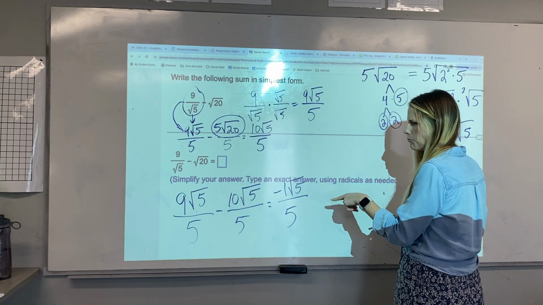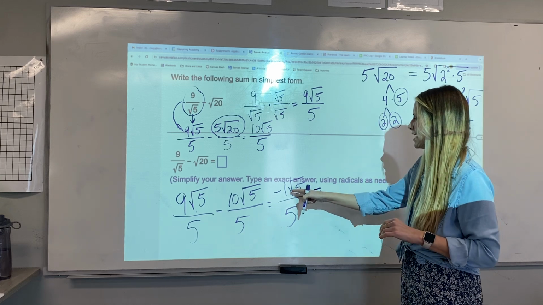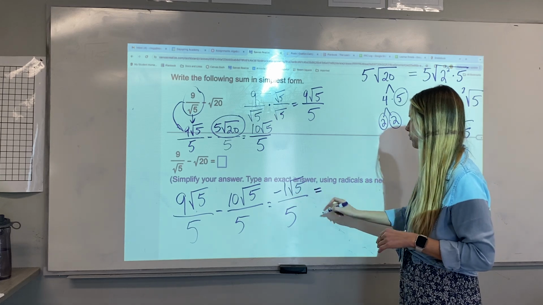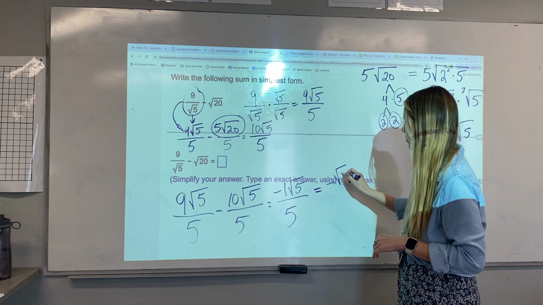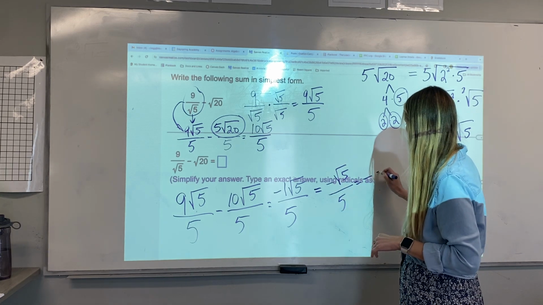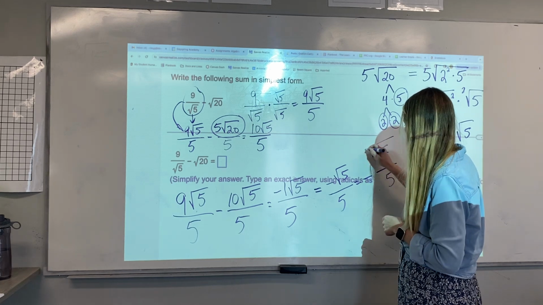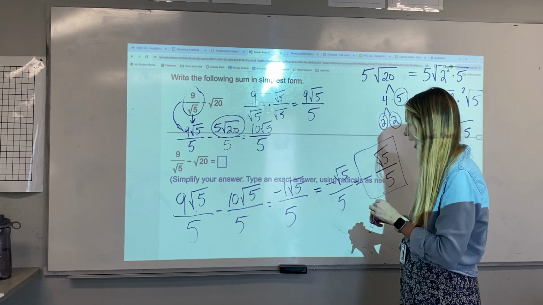I wanna see if it will accept this answer, because really you should simplify it to be a negative radical 5 over 5, which is simply a negative radical 5 over 5. So this is the exact answer you want.